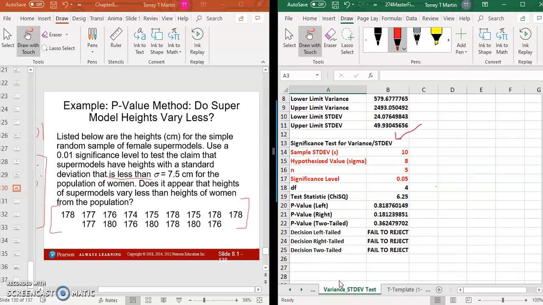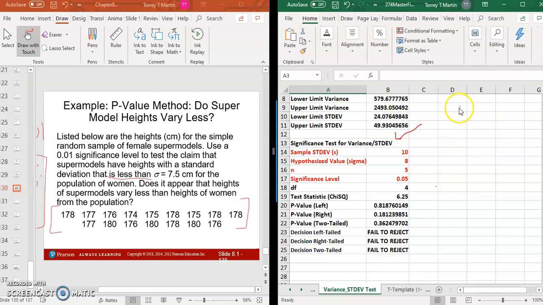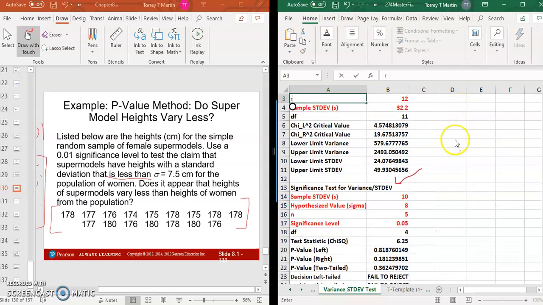Okay, now so I have this data set, so I'm just going to go ahead and plug in this data set, so bear with me here for a second. Okay, sorry about that.